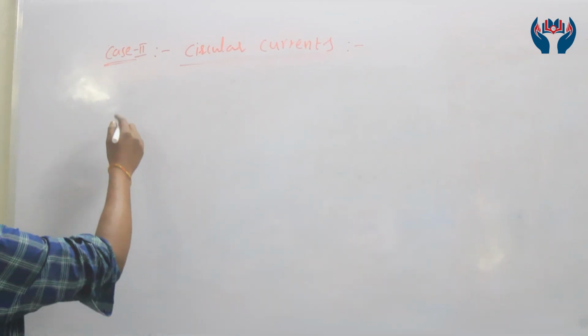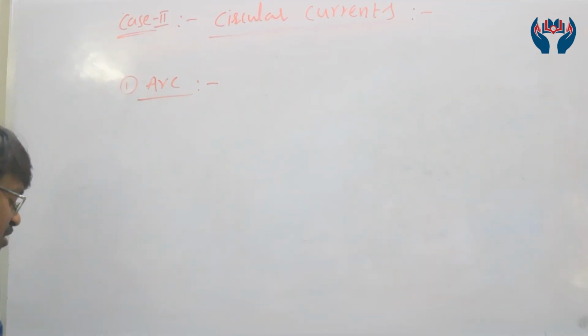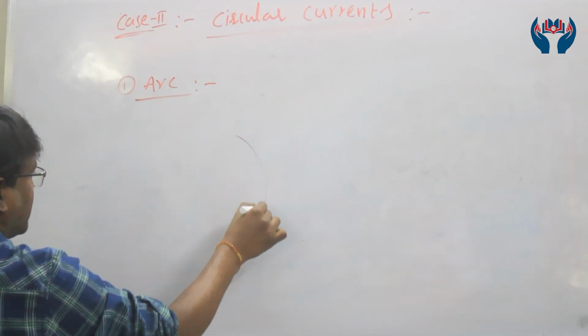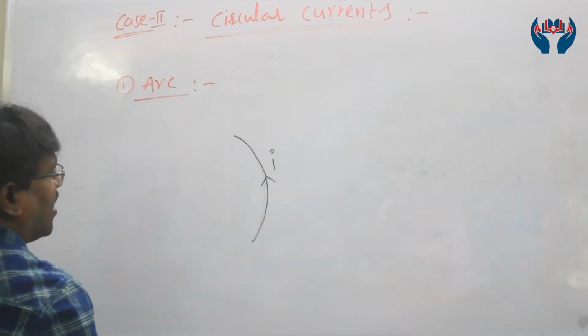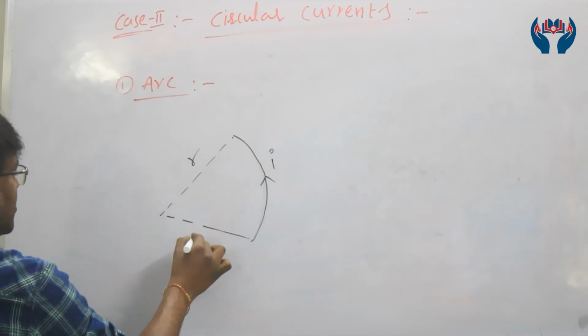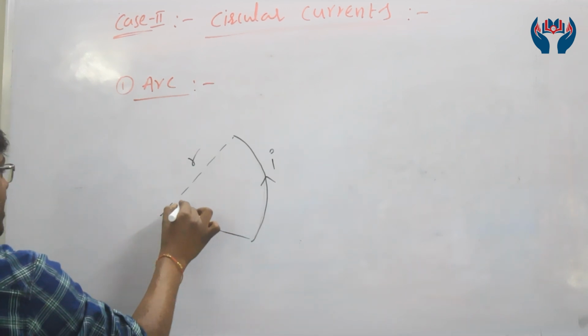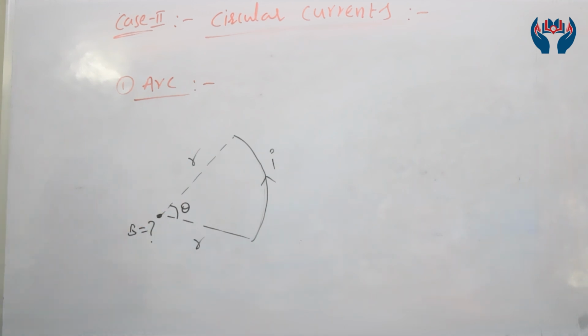First consider an arc. An arc means a part of a circle. A circular arc like this carries a current I. The radius of this arc is R, and it makes an angle theta at the center. What is the magnetic field at the center of this arc?